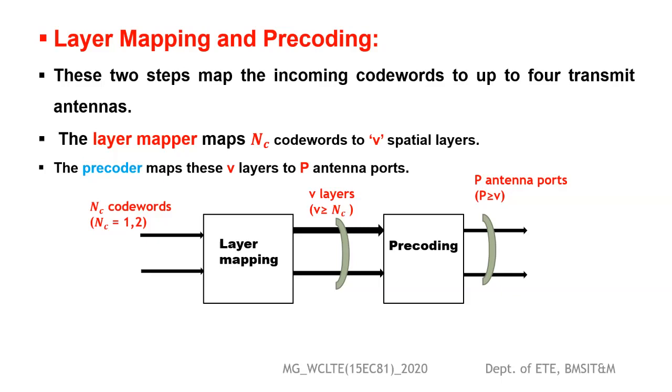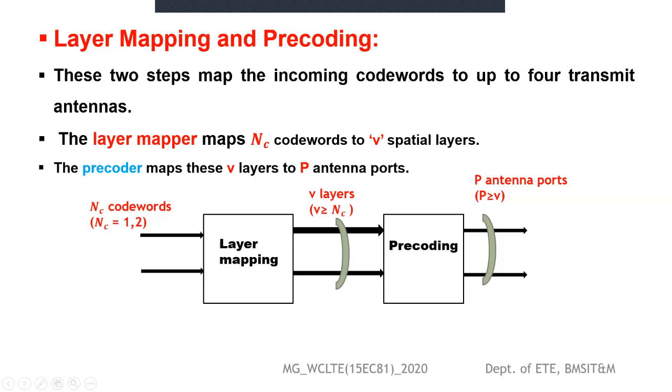The input to the layer mapping is the code word from the modulation mapper. As I said, in the modulation mapper only two code words are used, code word 1 and 2. Only one code word is there if spatial multiplexing is not used, and there will be two code words if spatial multiplexing is used. That is the input of the layer mapping.